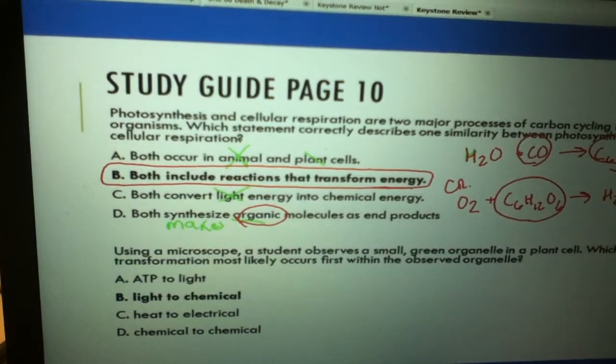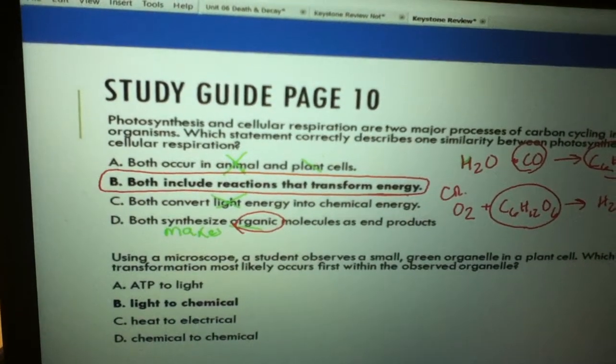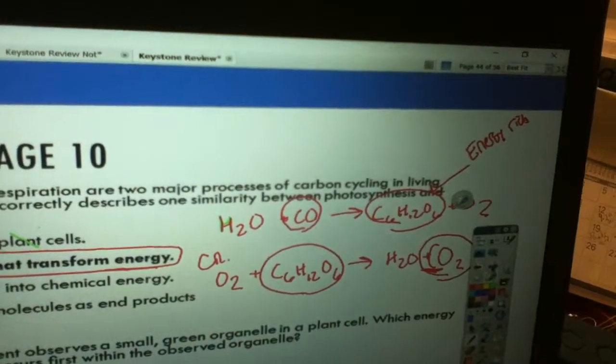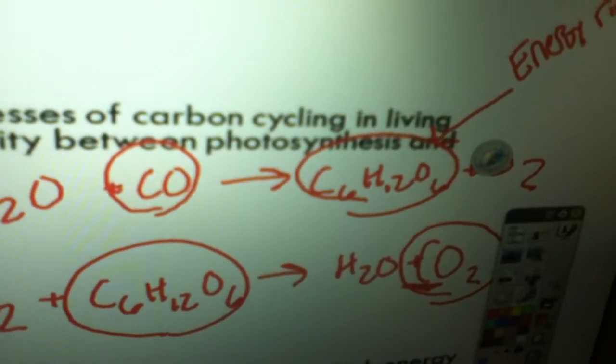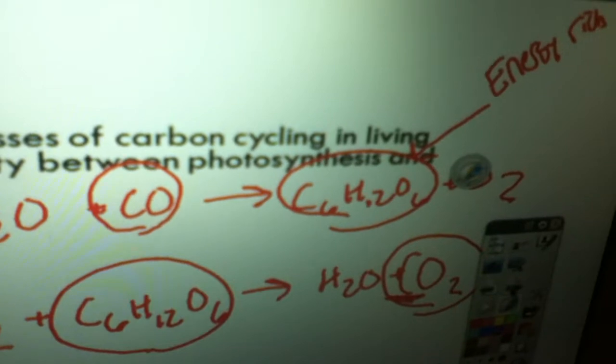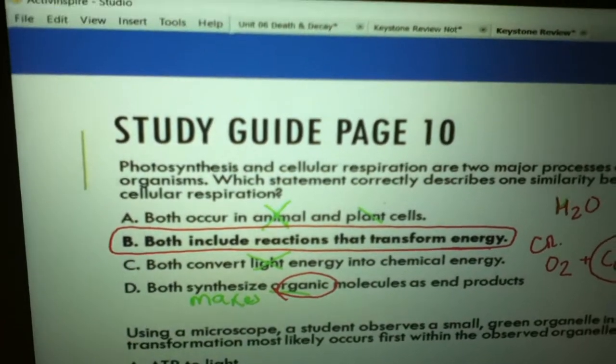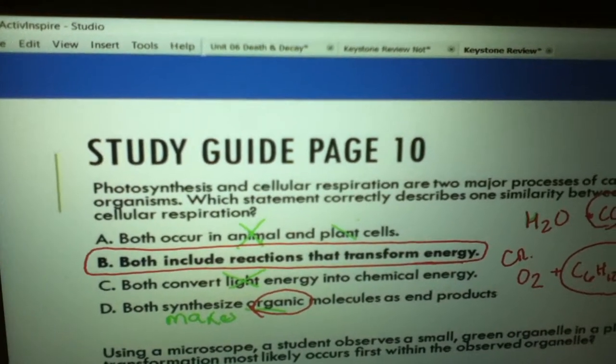And we're not going to say D, both make organic molecules as end products, because photosynthesis is the only one that's making that glucose, that energy-rich organic molecule. Carbon dioxide is just a byproduct here, not something that's being synthesized. So the best fitting answer here would be B.